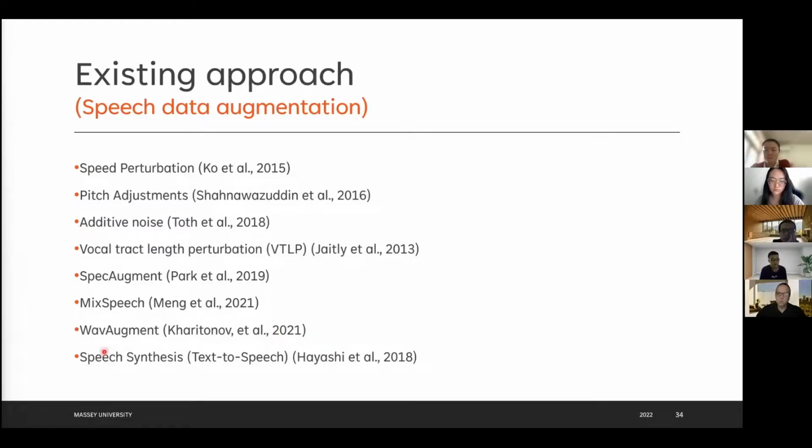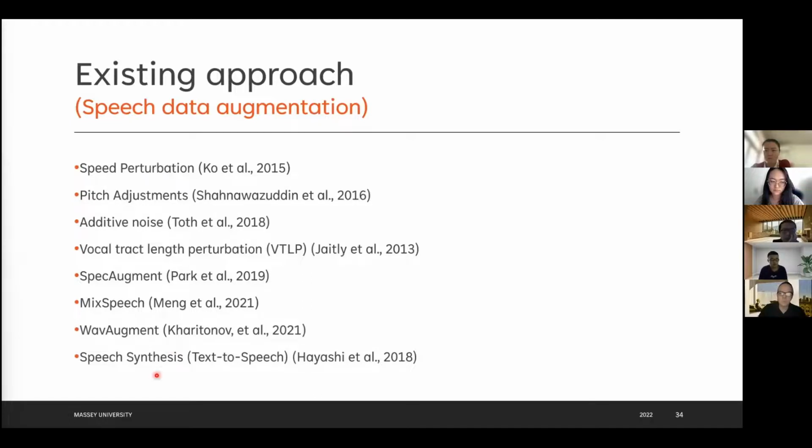We also have WavAugment, which has a collection of different combinations of speed, pitch adjustment, noise, and other techniques and effects like reverberation to increase the data.